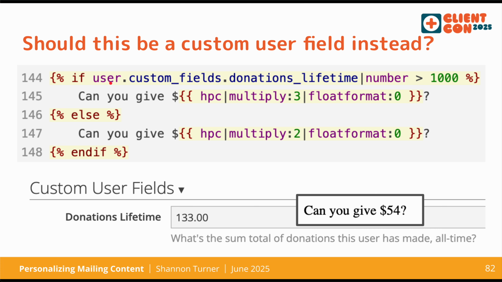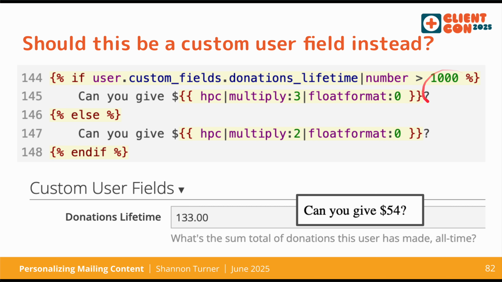So if user.customfields.donationslifetime, if they've given more than $1,000, then give highest previous contribution, multiply that by 3, float format 0. You could do this same thing with a merge query also. Either way, it's really up to you. You have a lot of different options for how you do it.